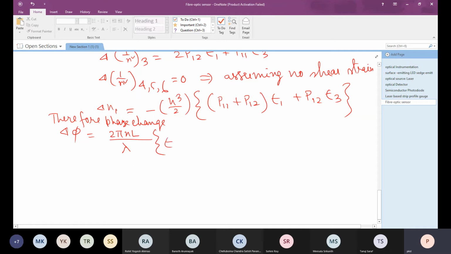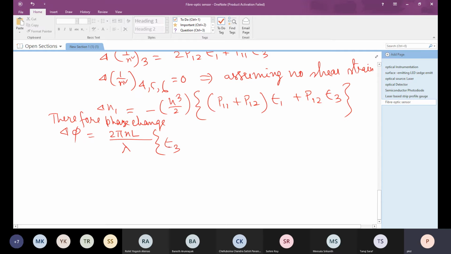And then apart from this refractive index induced phase difference, there will be simply expansion related phase difference, which is in the longitudinal direction, nothing but the longitudinal strain.